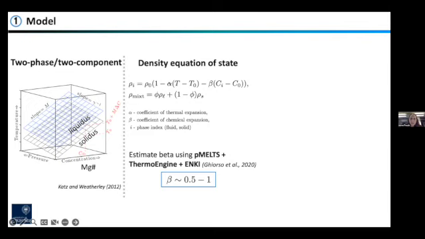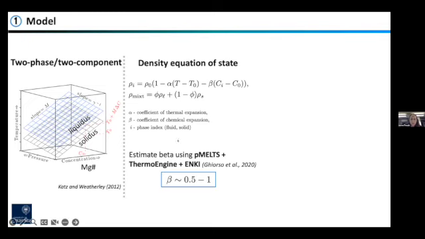In these equations, alpha is the coefficient of thermal expansion, fairly well constrained from laboratory experiments, and beta is the coefficient of chemical expansion, which is not well constrained in experiments, also because the mantle is multimineralic, while we only want to look at the first-order effect of iron and magnesium partitioning.